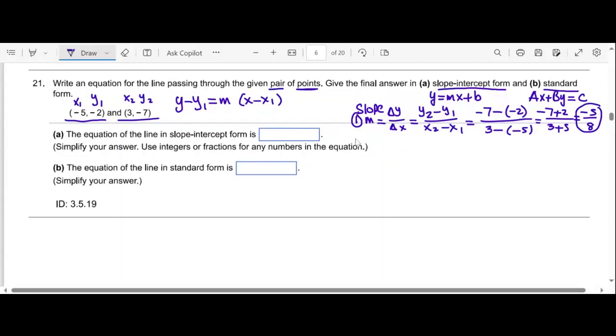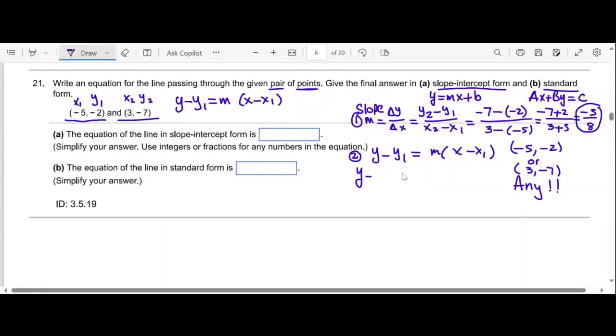Now let's write the equation down. The equation is y minus y1 equals m times x minus x1. Now which point can I choose? Can I choose negative 5 and negative 2? Or can I choose 3 and negative 7? You can choose any, it doesn't matter which one.